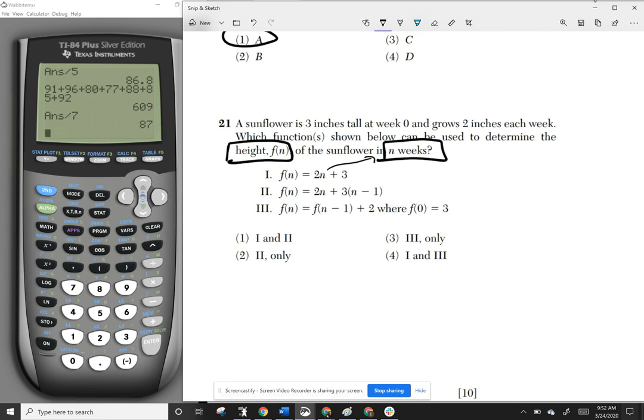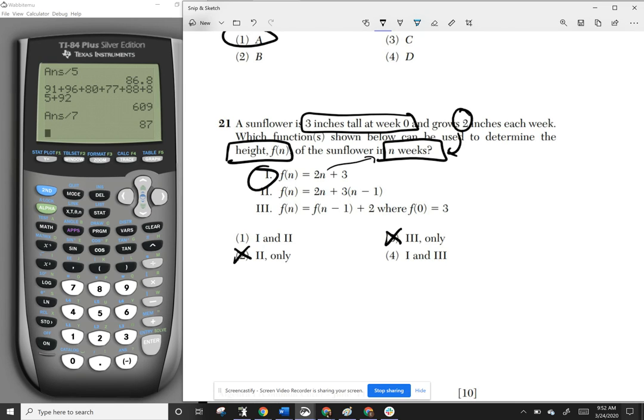And it is saying at week 0, we start at 3 inches. So we should definitely have plus 3, and it's 2 inches per week. So 2n plus 3, yeah, it's definitely going to be 1. So since we know it's 1, we can get rid of 2 and 3. So now we just have to decide if it's 1 and 2 or if it's 1 and 3.